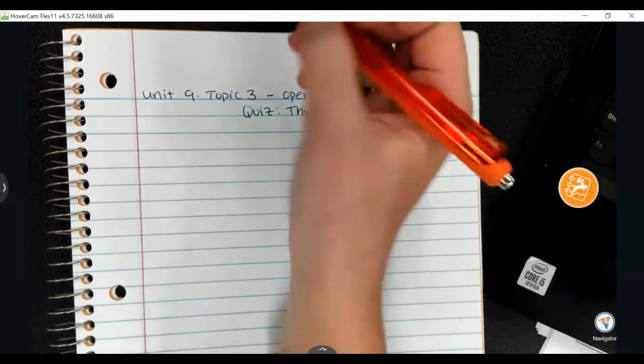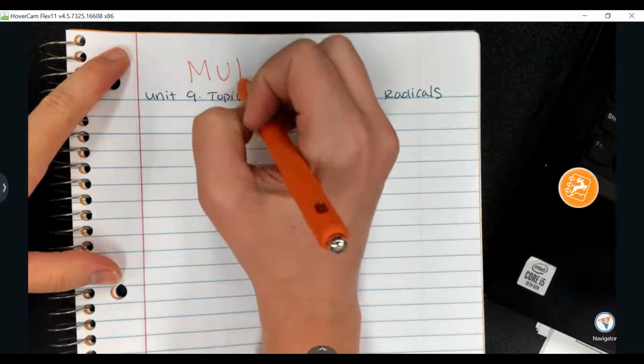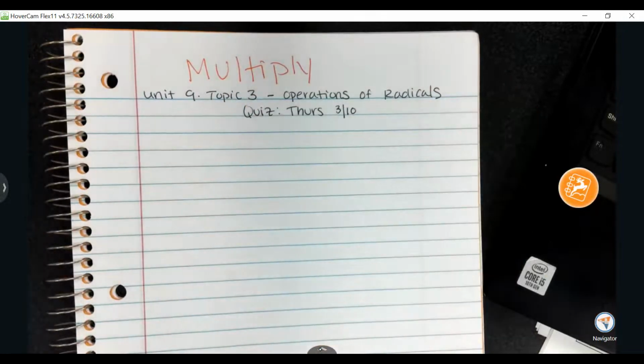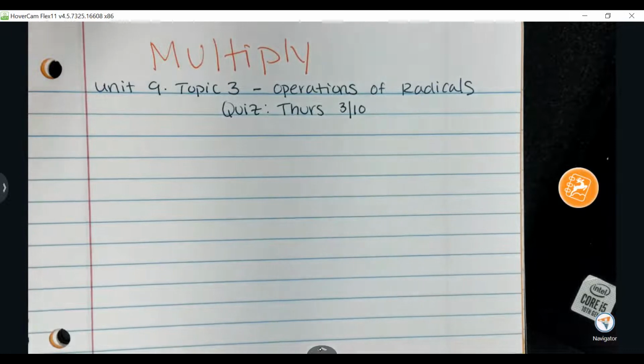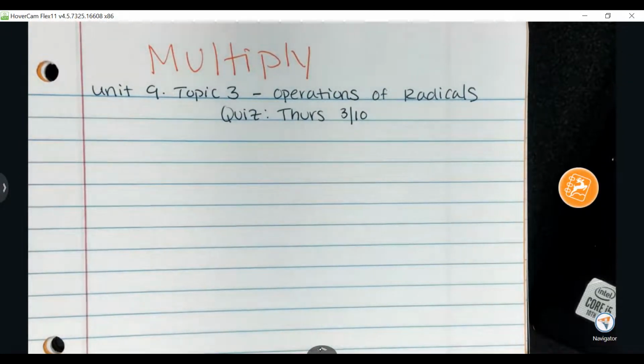At the top of your paper, really big, just like we wrote add and subtract, I would write multiply or multiplication, whichever one you want. That way, you know these are your notes for multiply. Multiplication can be a lot easier than adding and subtracting because I can multiply anything in the world. However, it gets messy.